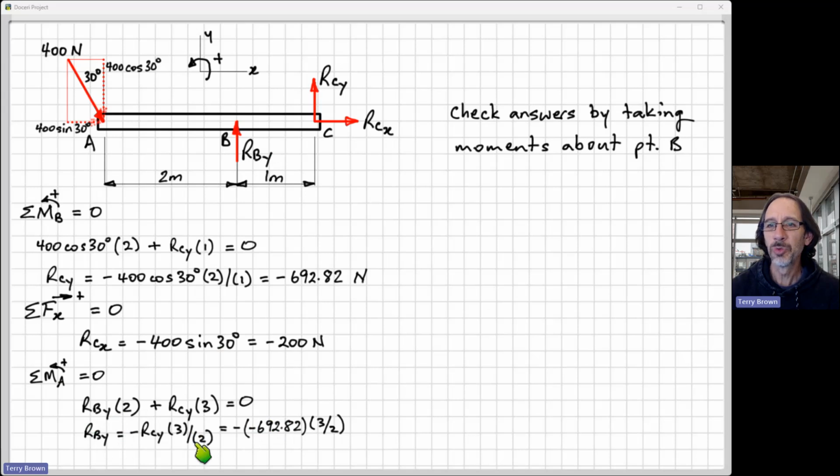This is where students get into trouble and make mistakes if they try and change their free body diagrams and make this positive. As I said before, best not to do that.